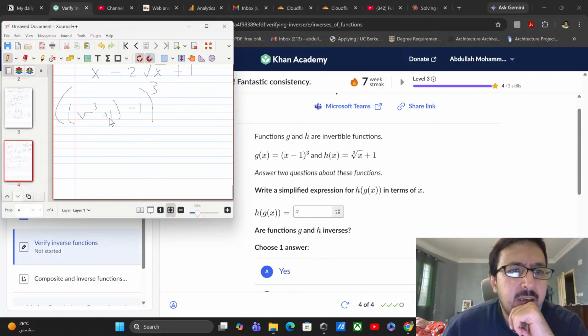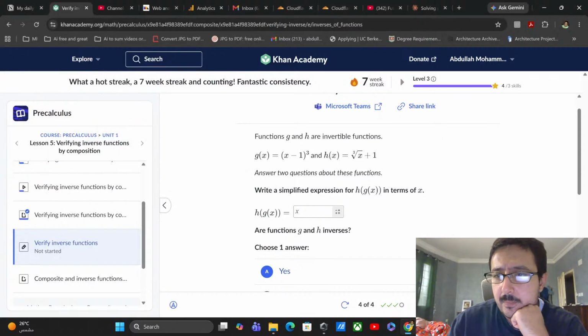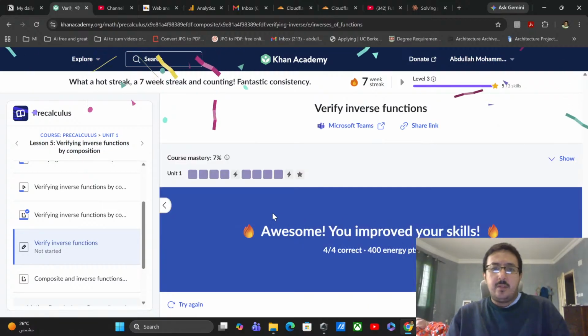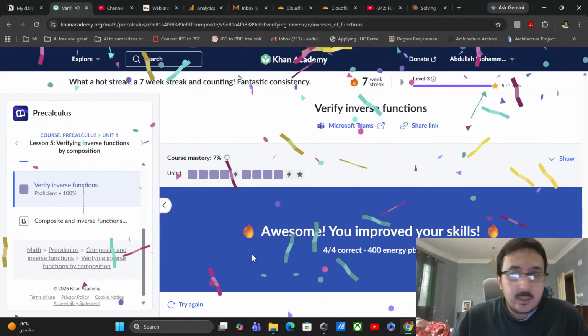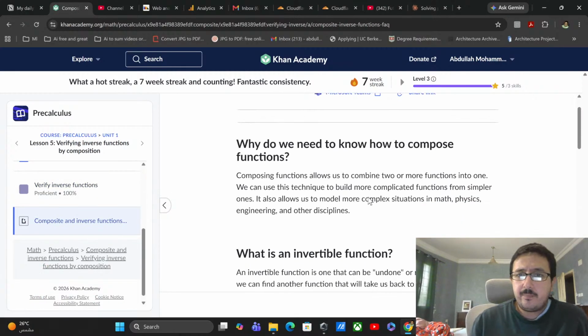But actually, what we can do is this will go with this, and this will go with this. It is an inverse. It's an inverse, yes. Thank you very much. We finished. Up next is the article. I think we're finished with Unit 1.